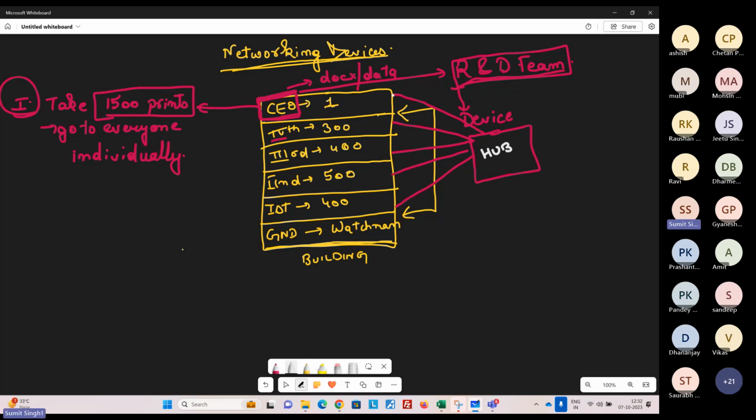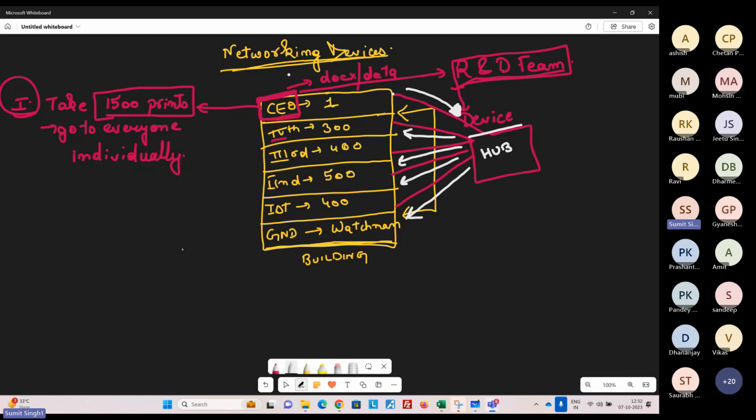What the CEO did with Hub, he sends whatever confidential data he has on one of the interfaces of the Hub, and Hub will forward it from all of its interfaces. So this was the first outcome of the R&D team. Hub receives something on one interface and then the received thing will be forwarded across all the interfaces.